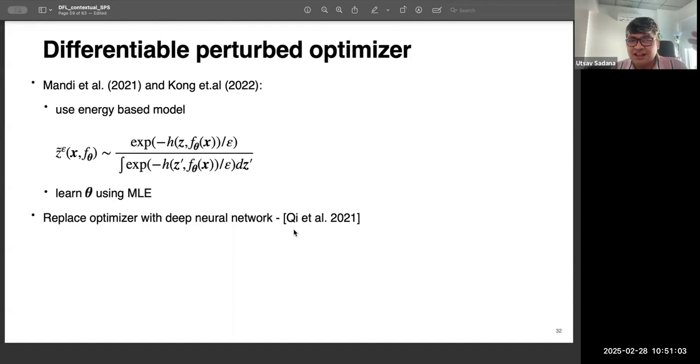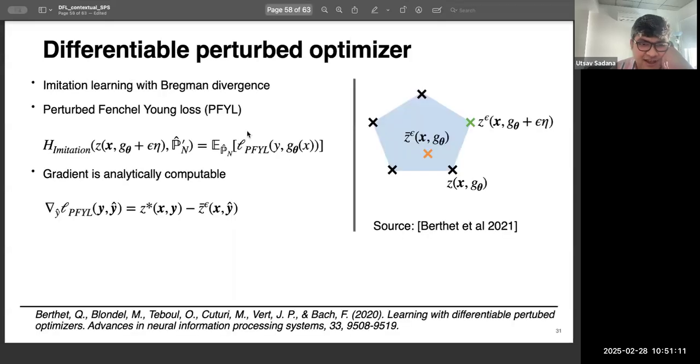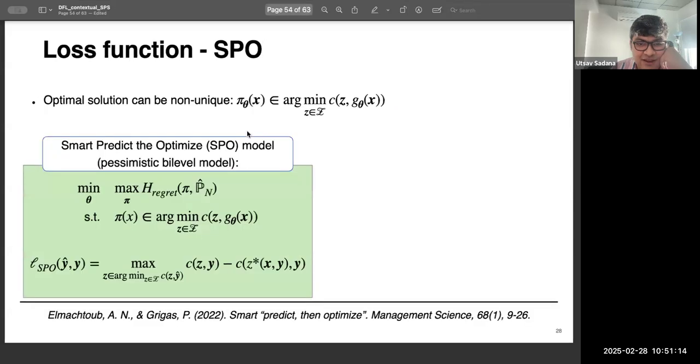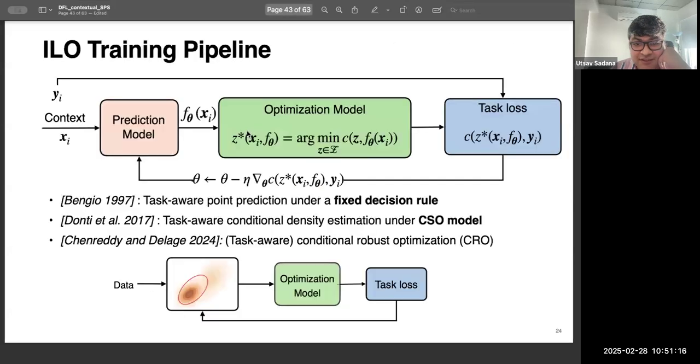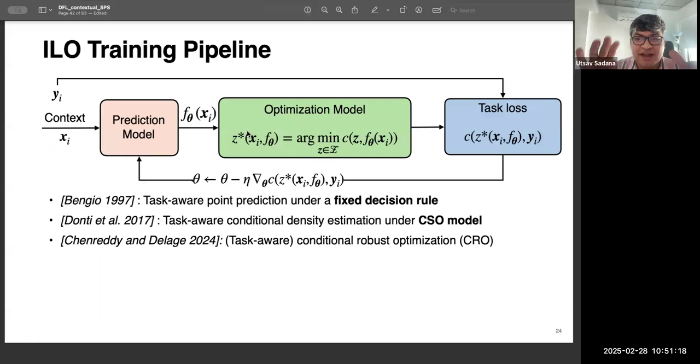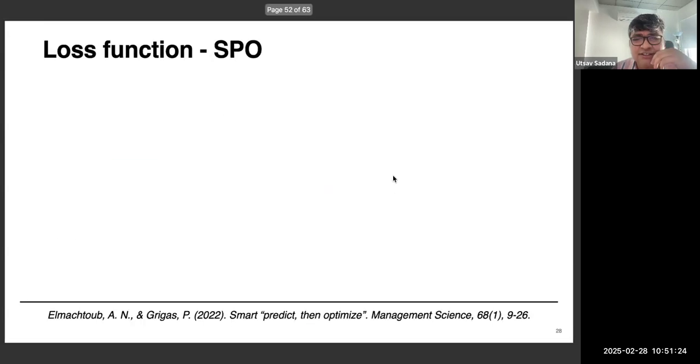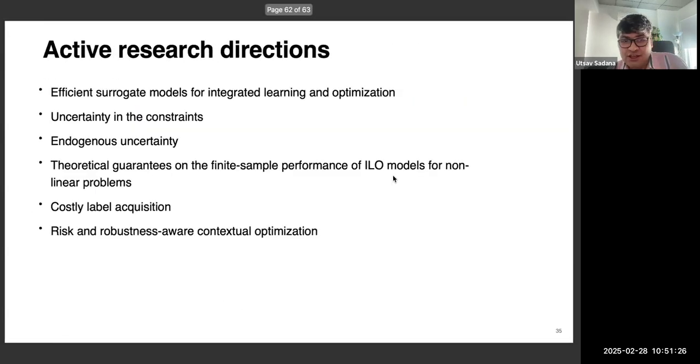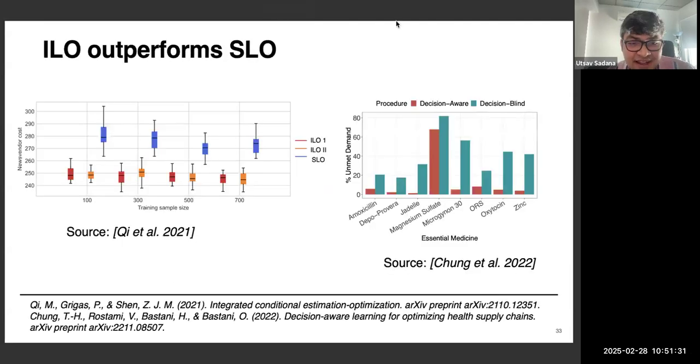And now you ensure that your z is differentiable. So there are many things that you can do with this prediction model, this training pipeline, to eliminate the need to do this step. You don't want to do this. It's really time consuming.